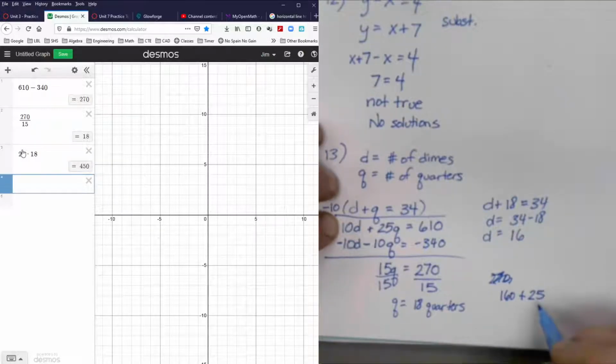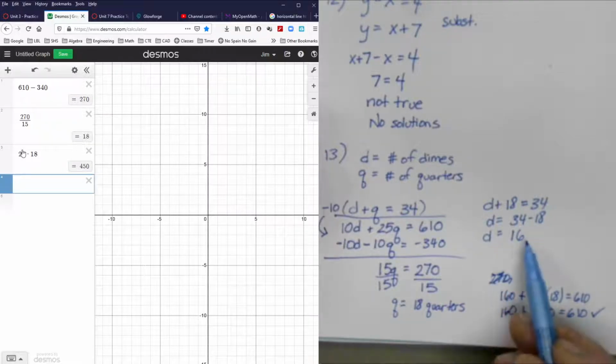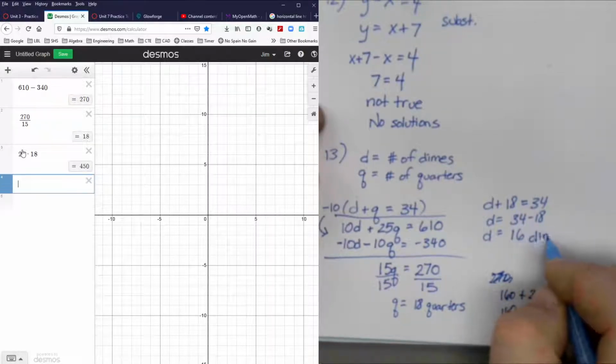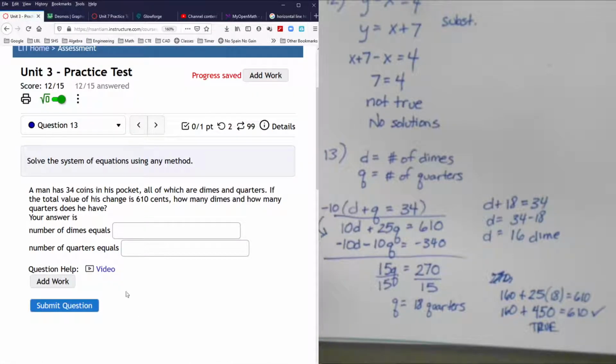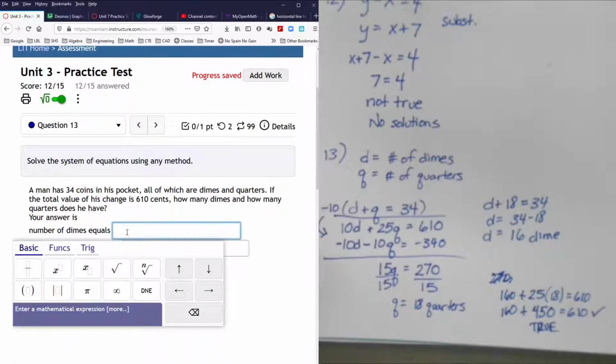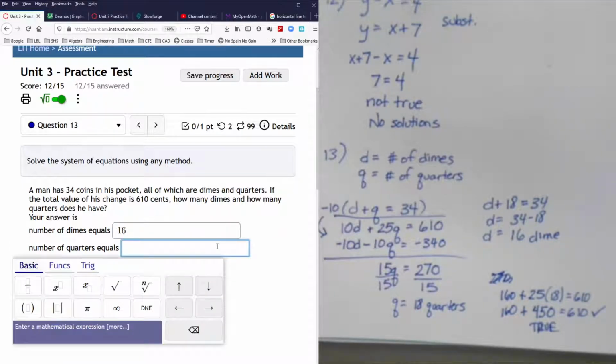That's going to give me $4.50. And so 160 plus 450 should equal 610, and it does. So there's my check step there, okay? So I know that he's got 16 dimes and 18 quarters. So back here, the number of dimes is equal to 16, and the number of quarters is equal to 18.